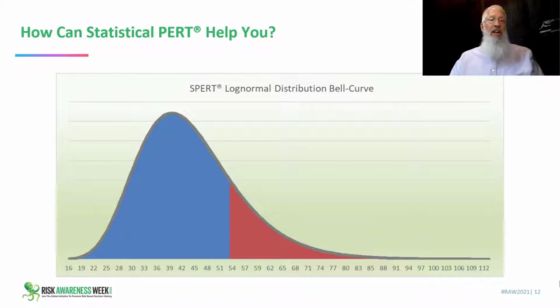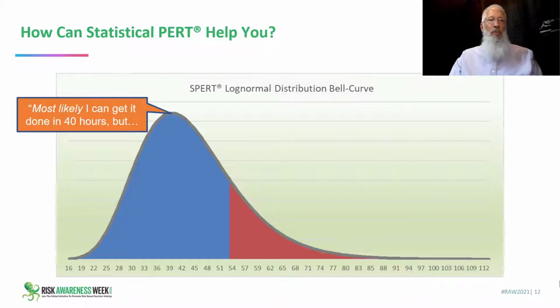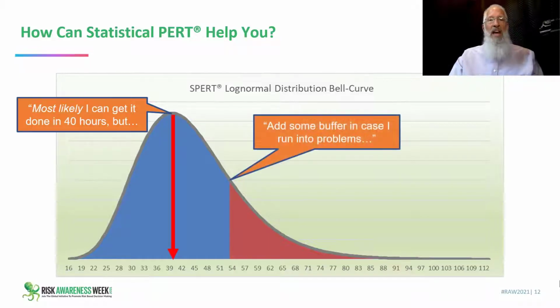There is a 3rd edition of Statistical PERT that I will release in 2022, and it will use the log normal distribution. It's currently available on my website as a development build. The production build will be available next year. But if I use the log normal distribution, and I ask you how long will this task take, you might say 40 hours, but add some buffer in case I run into problems.